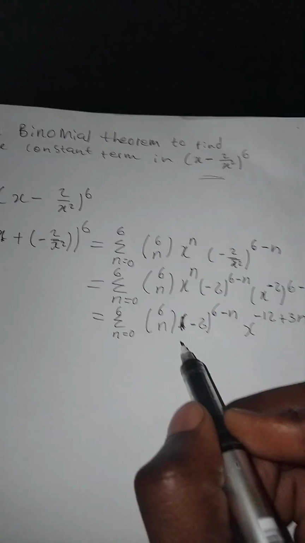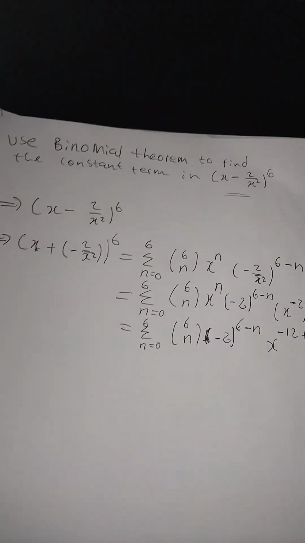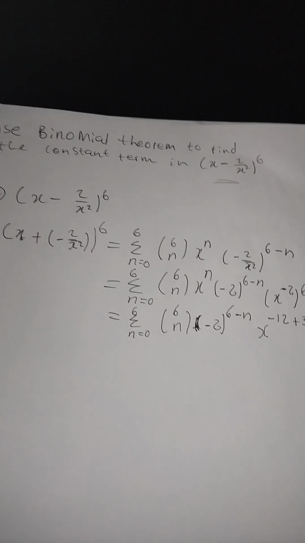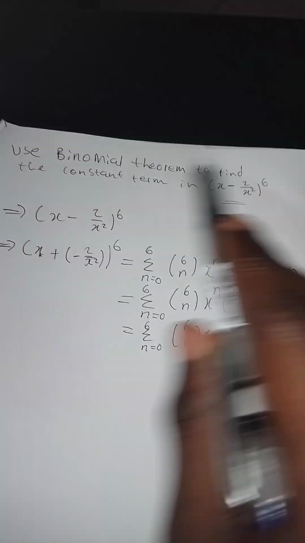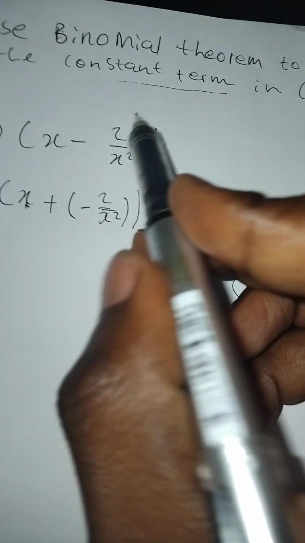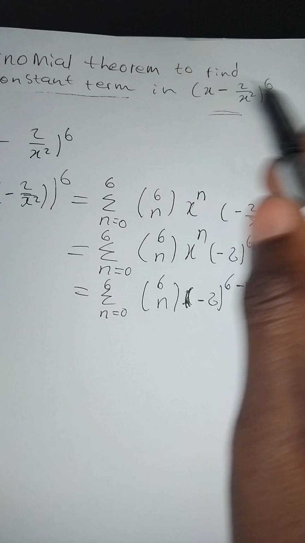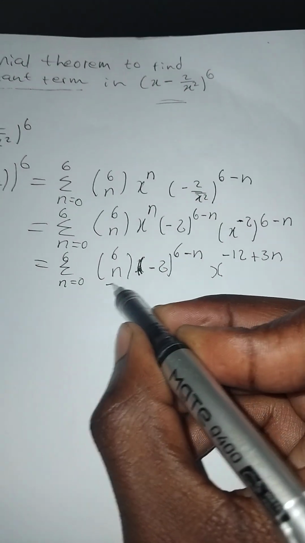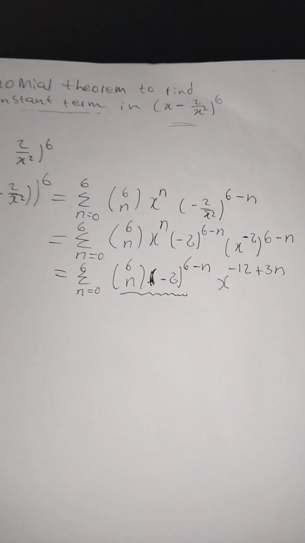So now, what is the question looking for? Once I get here, I can start asking myself, what is the question looking for before I expand? Okay, they said we should use the binomial theorem to find the constant term. So if there is a constant term, notice that this is what is going to give us a constant, isn't it?